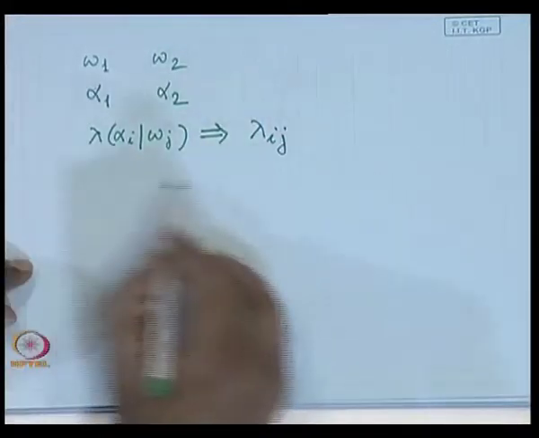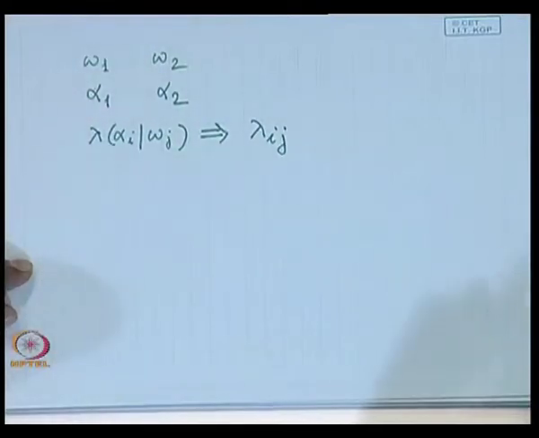So, lambda i j means lambda alpha i given omega j, that is the loss incurred for taking an action alpha i when the true state of nature is omega j. Okay.